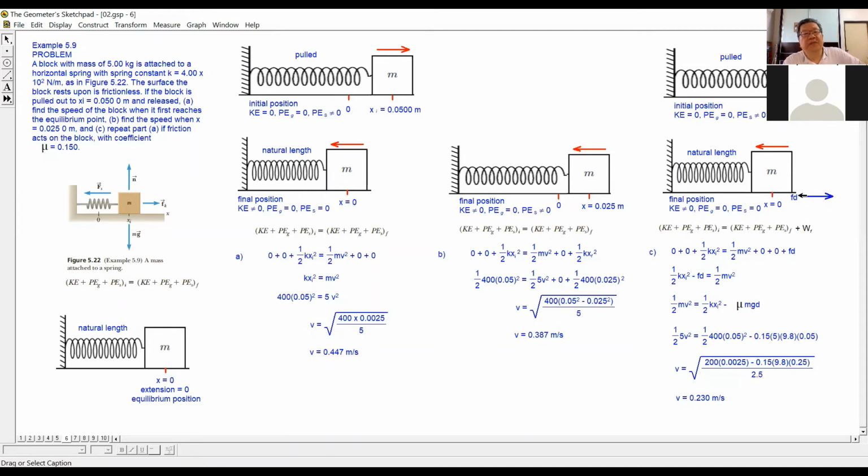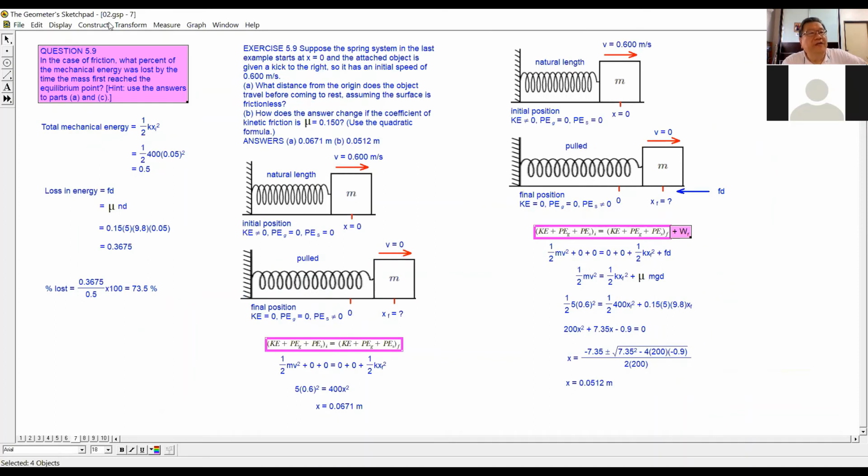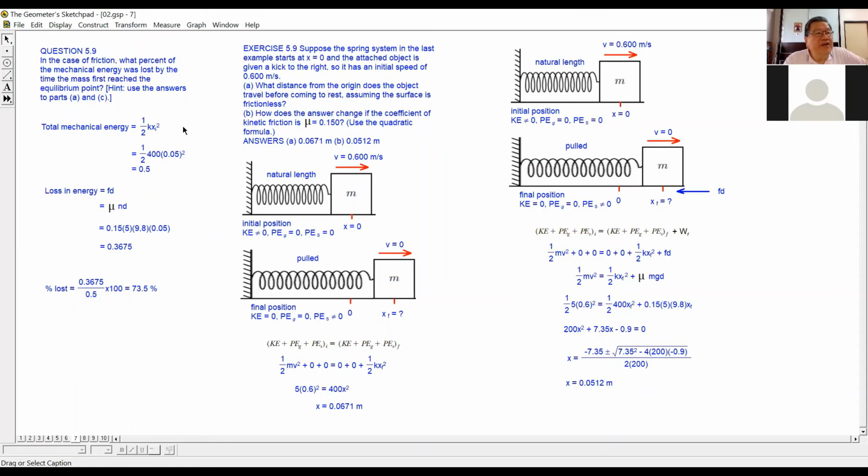So I'm going to compare the energy here and the energy here to find out what percentage of the energy is used to overcome the friction. The first part, how much energy do I have? The amount of energy that I have is how much energy is stored inside the spring, half kx squared.